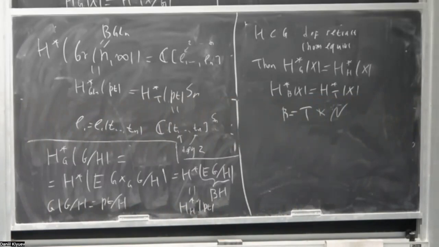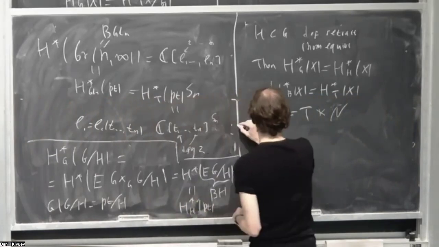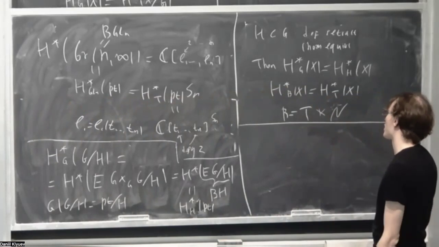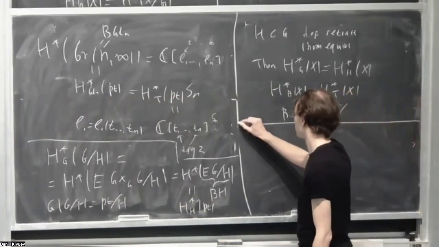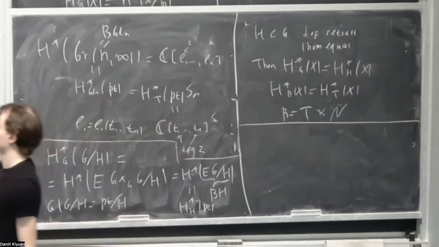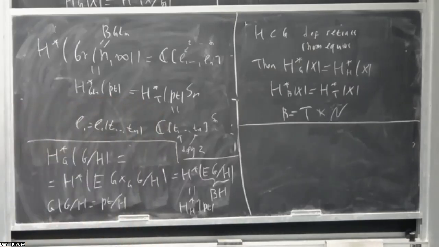Okay, so an important property of G spaces. I don't think we will consider other spaces. Like in this example, we have an algebra of dimension n, and here we still have an algebra of dimension n.